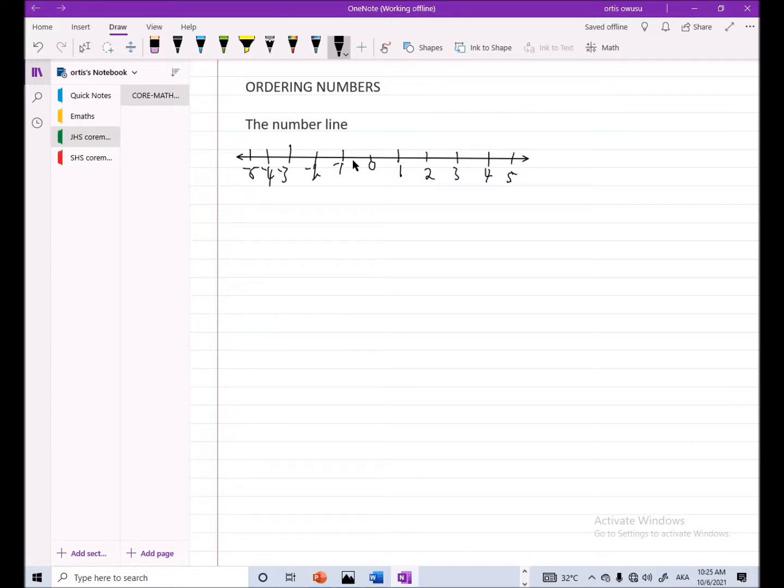So this is a number line. Great, very beautiful. So we have our positive integers and our negative integers.